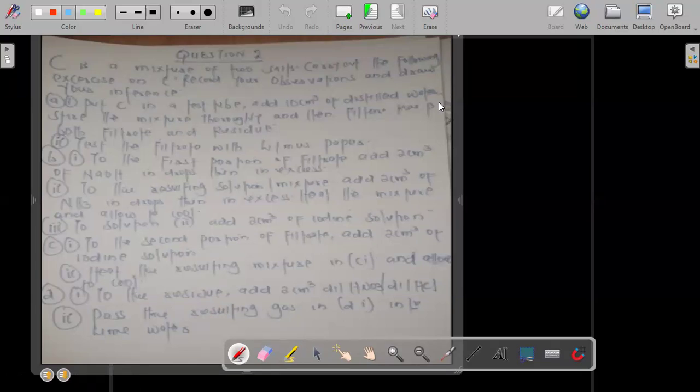If you look at this question, it says C is a mixture of two salts. Carry out the following exercise on C, record your observation, and draw your inference. Sometimes, in place of inference, you may see the word conclusion. It's the same thing. So, who are the two salts? Let me make it clear to you.